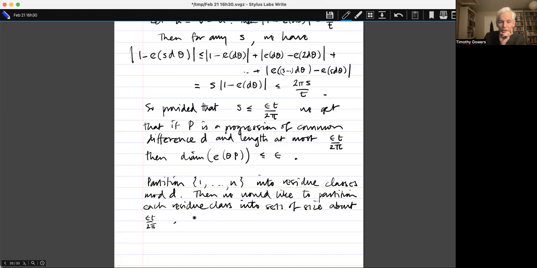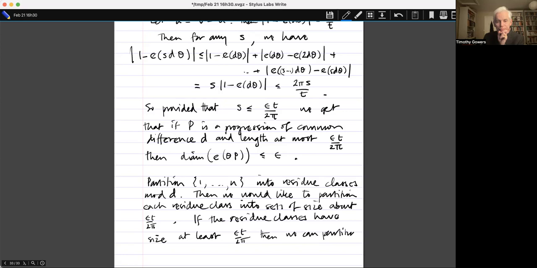But what we can say is if the residue classes aren't too small, so let's say they have size at least epsilon t over 2 pi, then we can partition them into sort of intervals.